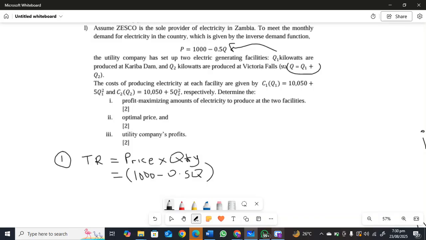First you just deal with it like you're dealing with one cost function. Just start like you've got one cost function here.